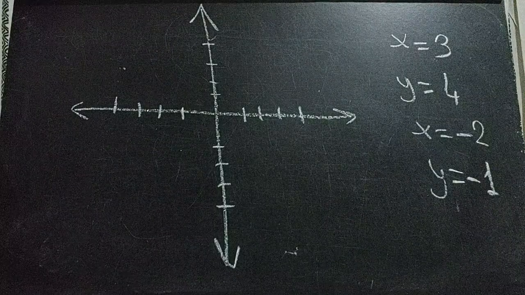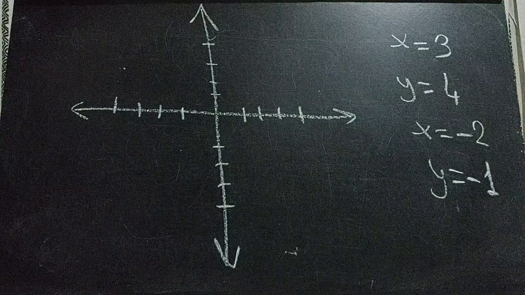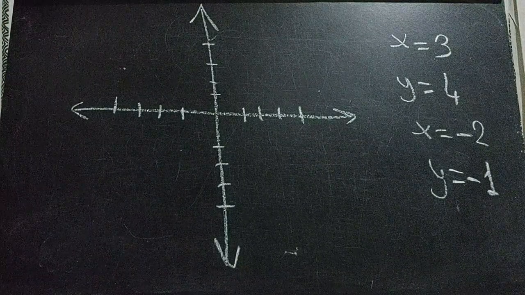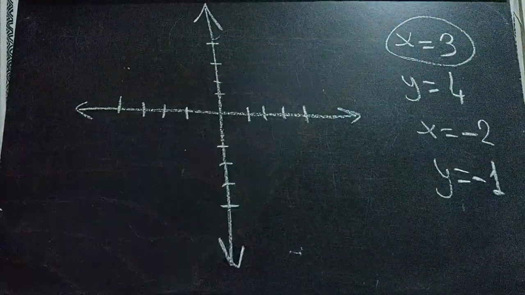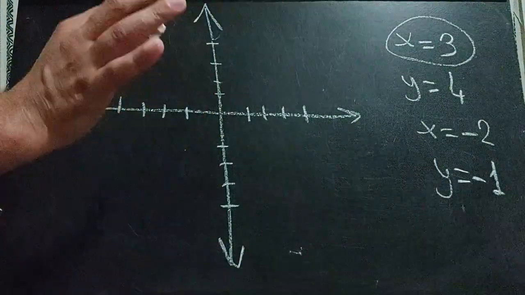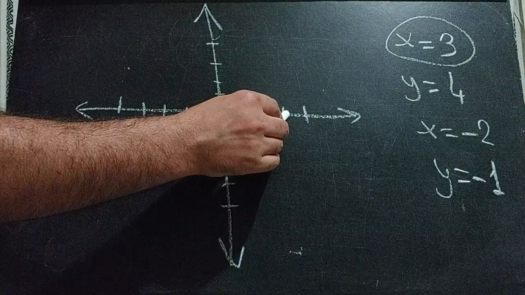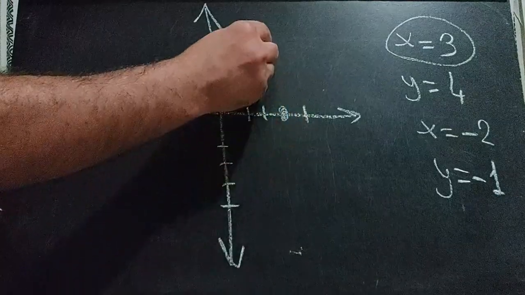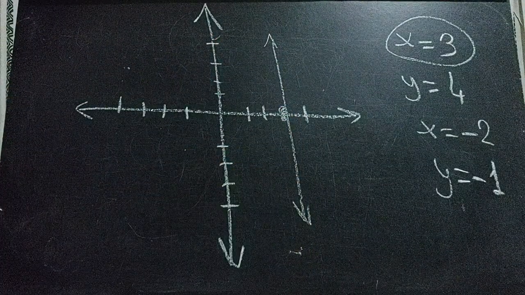Alright, my last question. This is important because students are confusing this one, how to draw. Right now, if you have something like x equals 3, how do you solve? So find positive 3 on the axis, 1, 2, 3, and there is no y, so that will be a straight line like this.